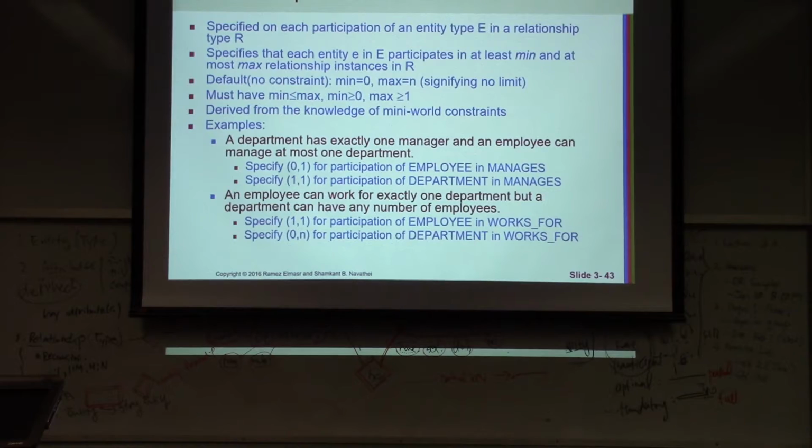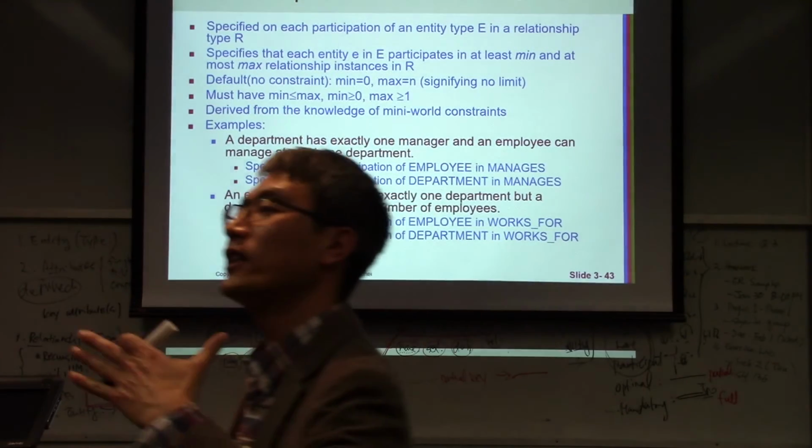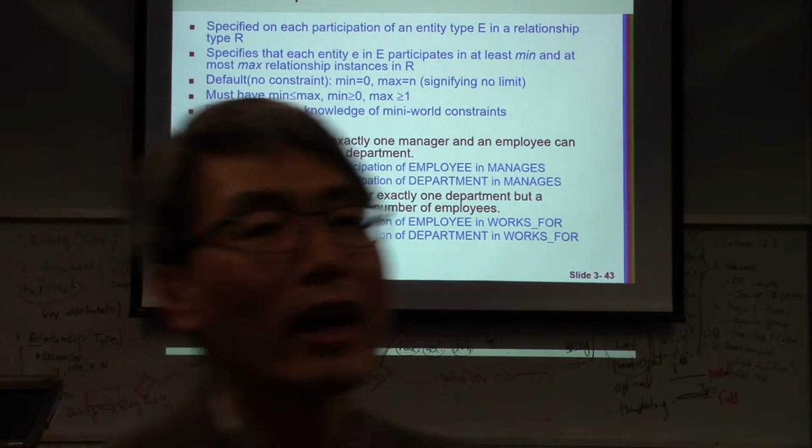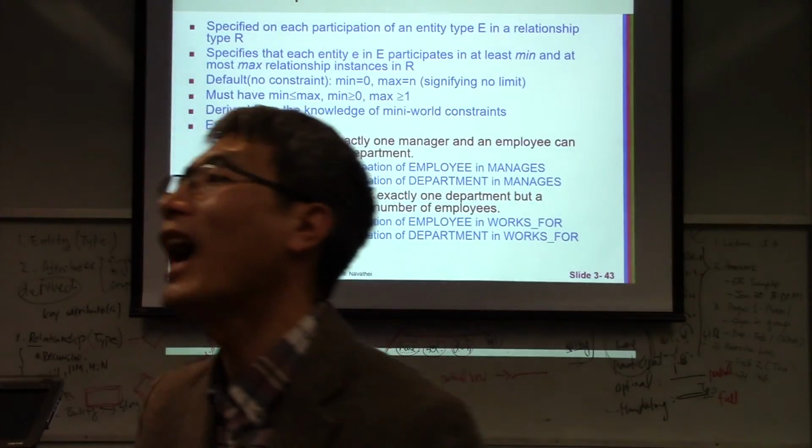For example, manager: for each employee, how many departments do they manage? If she's not a manager, 0. If I'm the manager, 1. Minimum 0, maximum 1. On the other hand, for each department, how many managers?